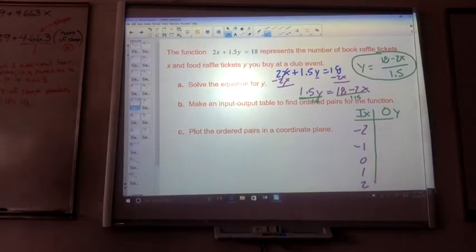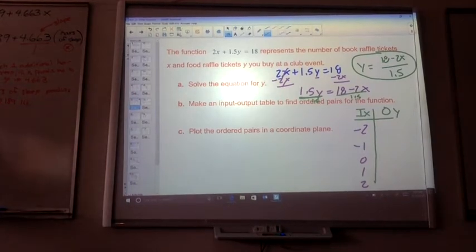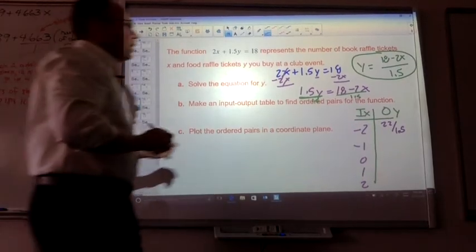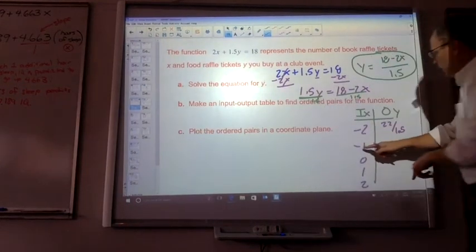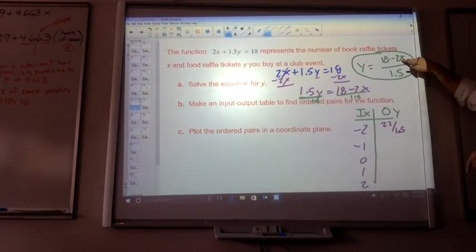I don't know, 22 over 1.5. If we had a calculator, we could work that out, but there's no reason to worry about it right now. All right, same thing. We're going to take -1, plug it in. What's -2 times -1? Positive 2. 18 plus 2 is? 20. 20 divided by 1.5?